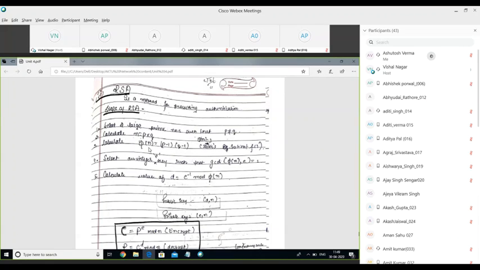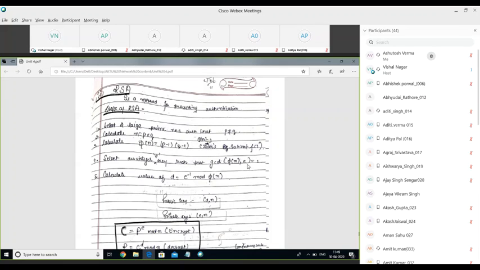Now we have two things: n, the product of two large numbers, and phi n, the Euler Totient function, which is the product of p minus 1 and q minus 1. Now we select an integer e such that the two numbers phi n and e are relatively prime. That means there is no common factor in phi n and e.